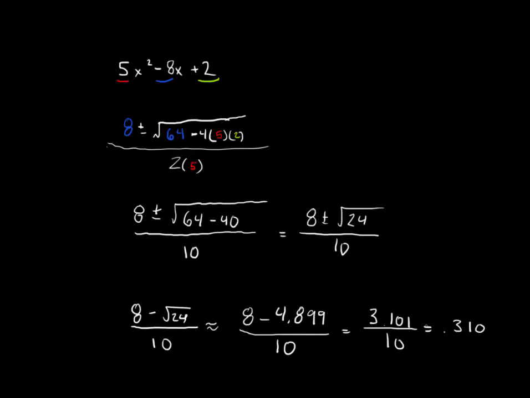So here we have the final answer when written as a decimal. And here we have the final answer, or one of the final answers, I should say, when left alone and not simplified. Both are good. It just depends on the circumstances of the problem and what specifically you're being asked for on the test.